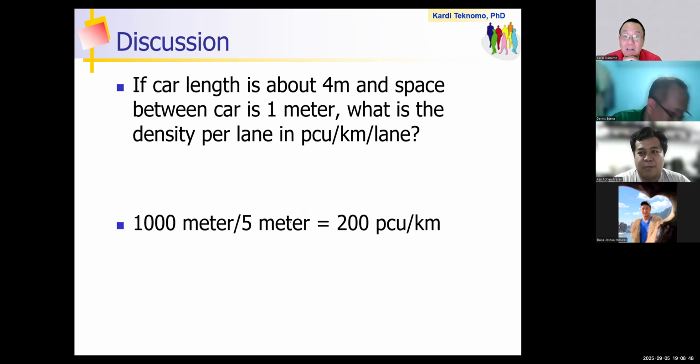Umbrella is around 90 centimeters, 90 to 1 meter. Okay. In that case, the space becomes very light, not dense.